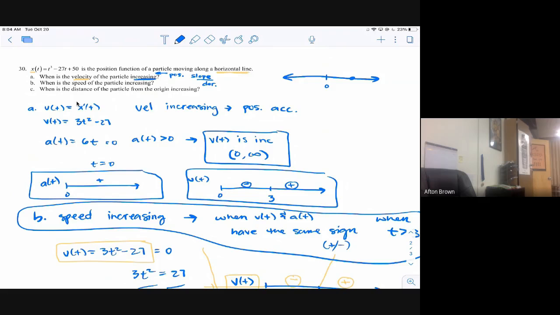If it was to the right of 0, it would have a positive position. If we want the distance from the origin to be increasing, would we want it to be moving to the right or the left? If this was where the particle is. To the right. So that would be a positive position.